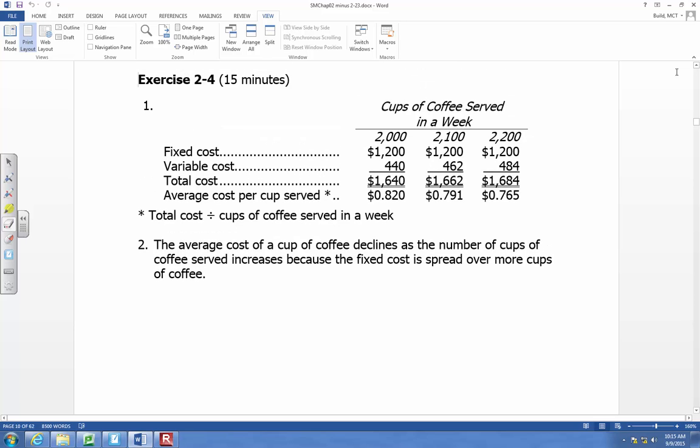One thing I don't like about this problem is that the fixed cost is becoming part of the per cup cost. You've got to absorb your fixed costs at some point, but that $1,200 is there even if you sell no cups of coffee, right? So if you sold 1 cup of coffee, would it be fair to say that that cost $1,200 to produce? I mean, not really.